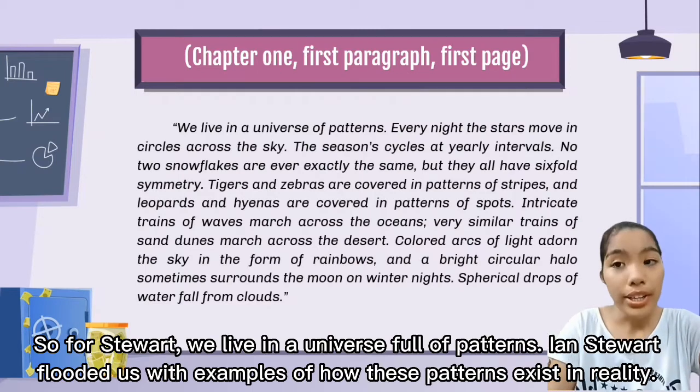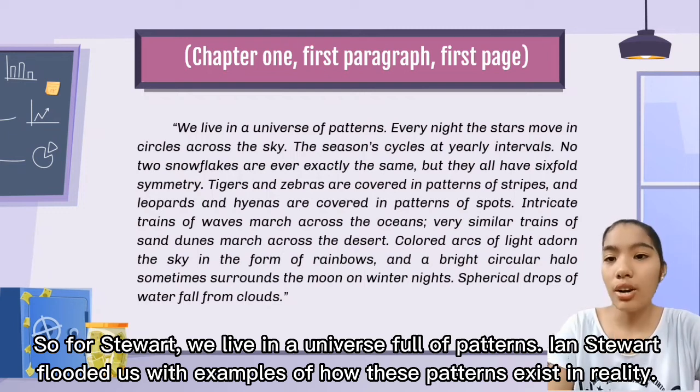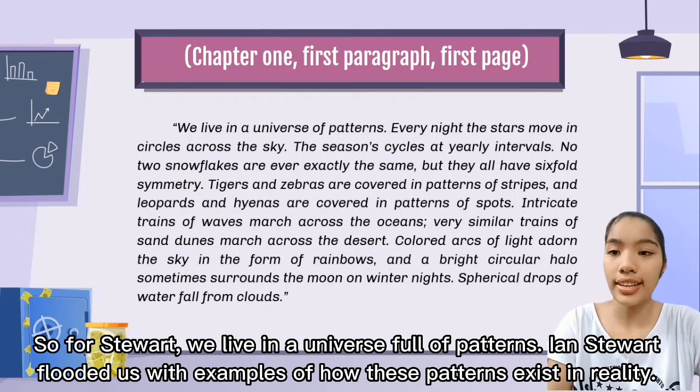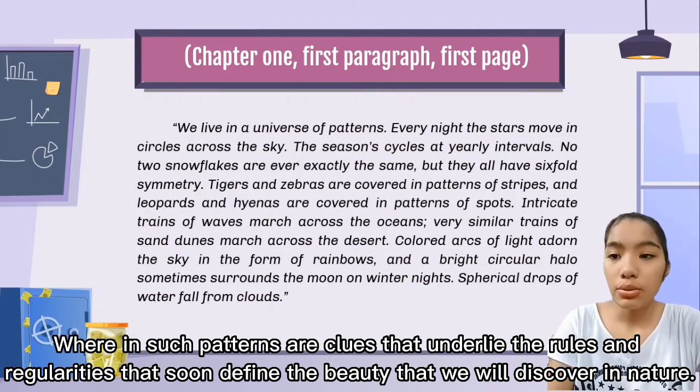So for Stewart, we live in a universe full of patterns, and Ian Stewart flooded us with examples of how these patterns exist in reality, wherein such patterns are clues that underlie the rules and regularities that soon define the beauty that we will discover in nature.